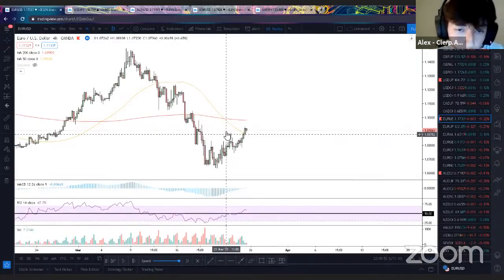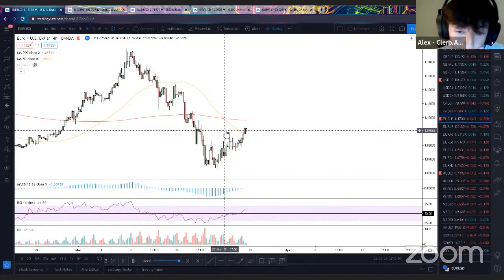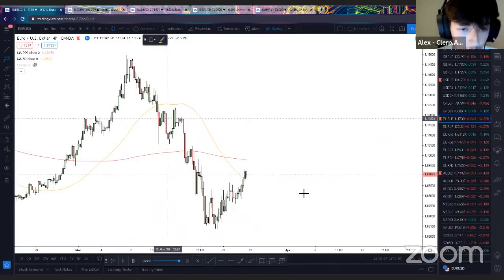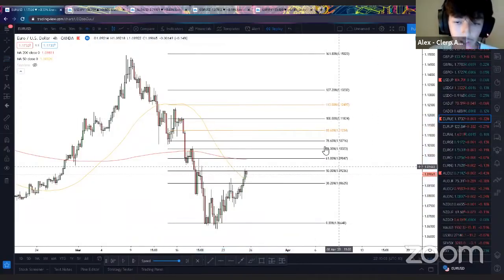Okay, so here we have a crossover. The MACD is below 0. RSI is below 50. Let's draw a fib here from about right here. So that's rejecting the 50%.